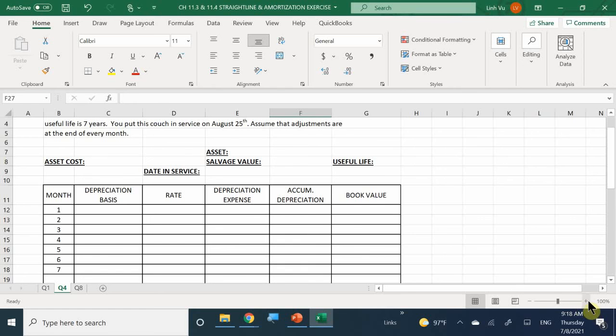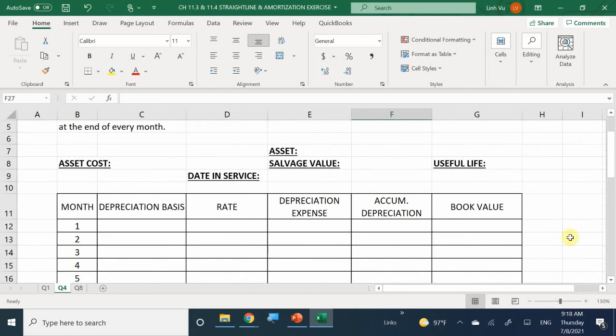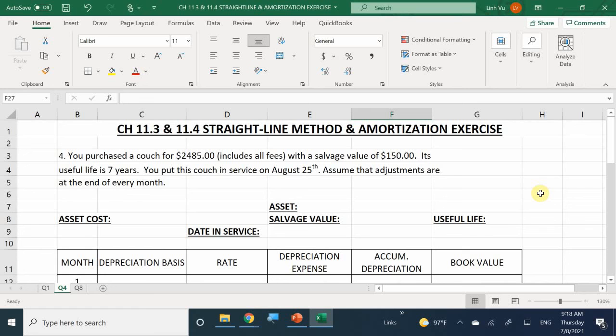Right, so let's go ahead and take a look at another example here. We purchased a couch for $2,485, which includes all fees, with a salvage value of $150.